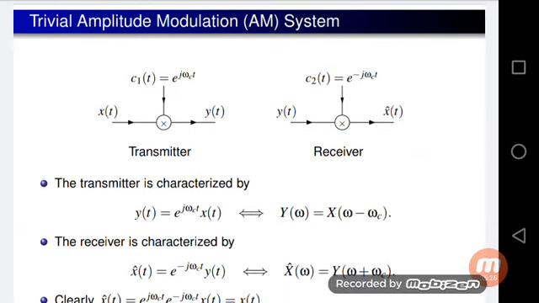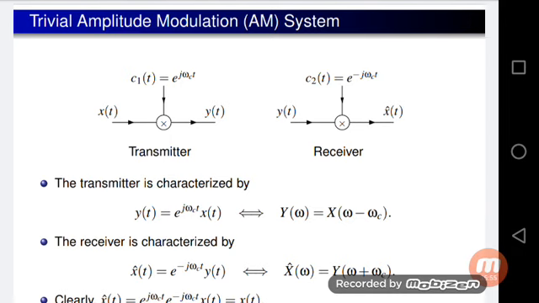Next one is the trivial amplitude modulation system. These are the several equations for the transmitter side and receiver side. X of t is the input and y of t is the output. On the receiver side, y of t is the input and the output is x cap of t.